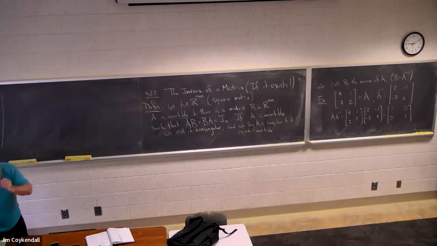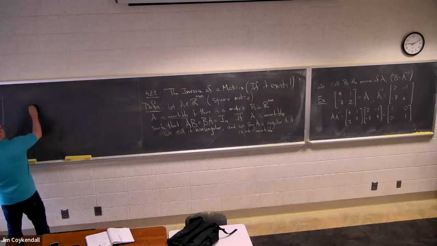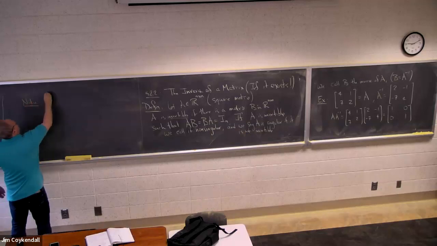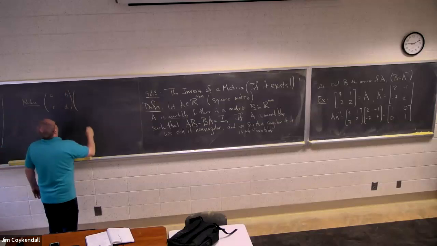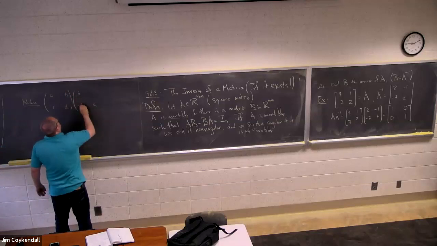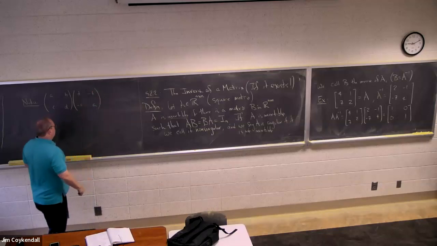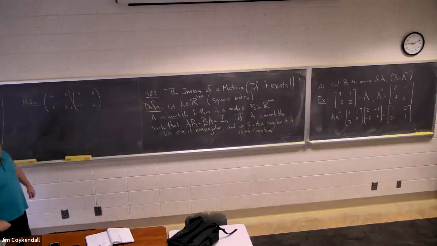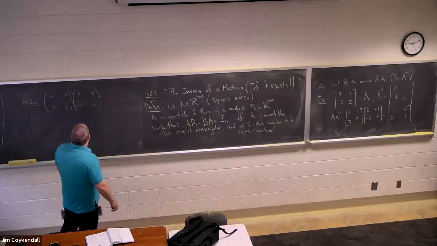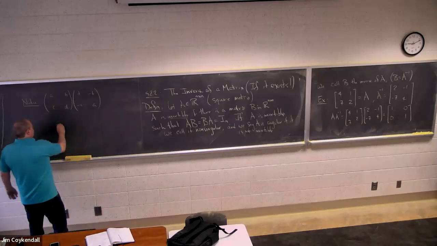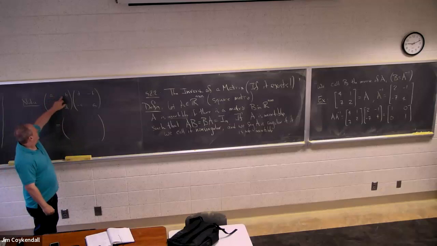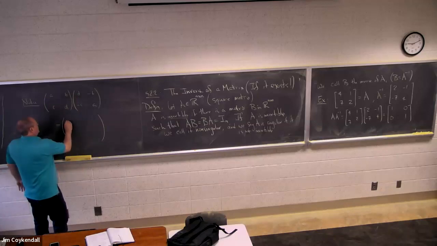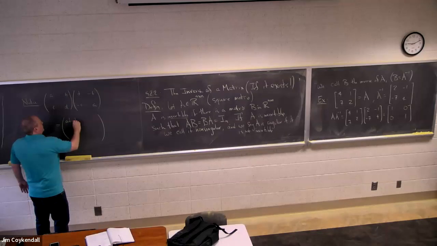Let me point something out here. If you have the matrix with rows A, B and C, D, and multiply by the matrix with rows D, minus B and minus C, A, what happens when I multiply? Let's see, shall we? AD minus BC.